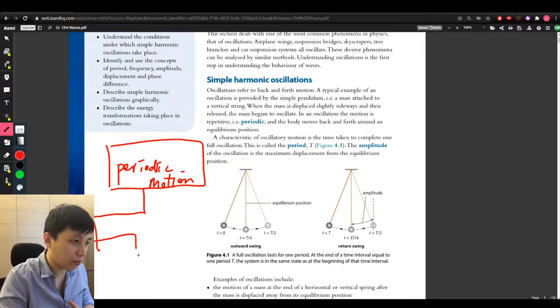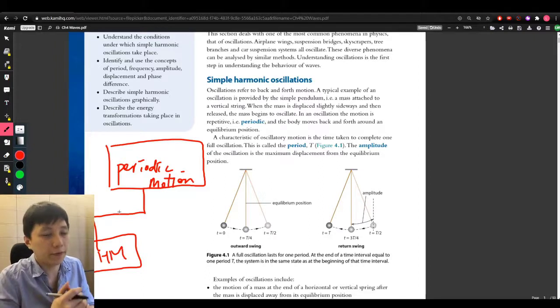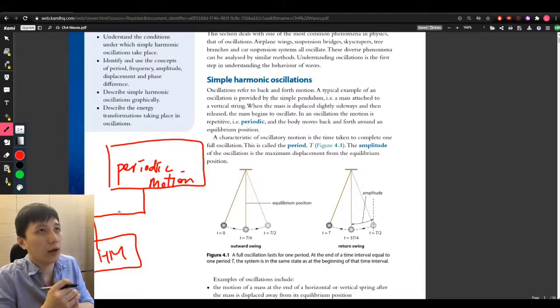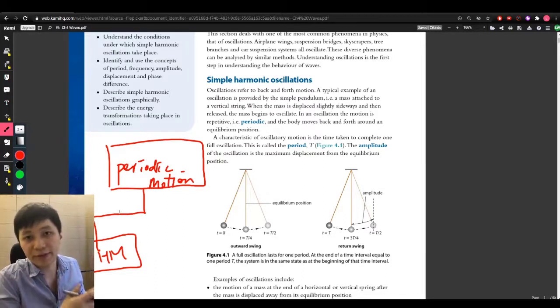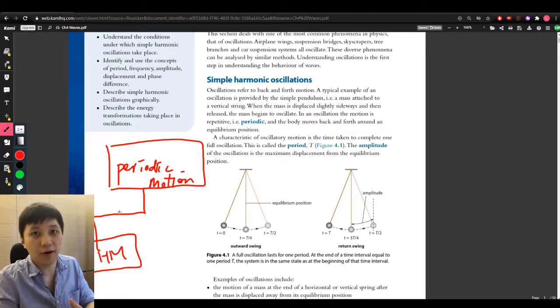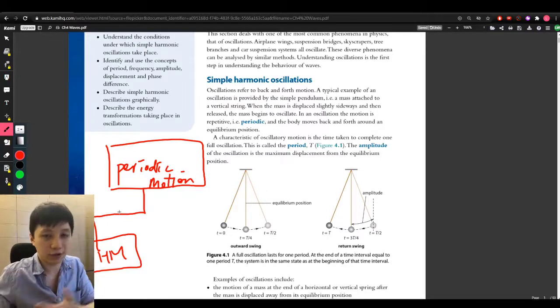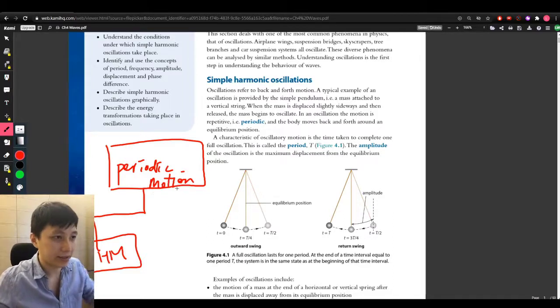So simple harmonic motion, SHM, is a subset, a specific scenario of it. So for example, under the category of human, man is only one subset of it, or a boy, a subset of a man, because a boy is like a male under a certain age. So that's the idea itself.